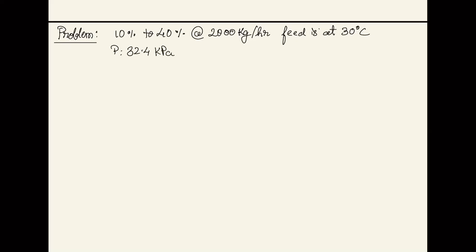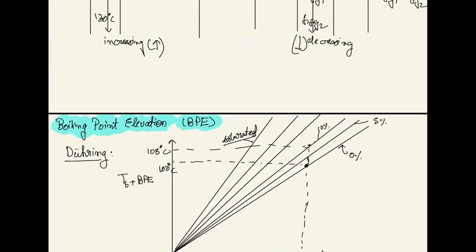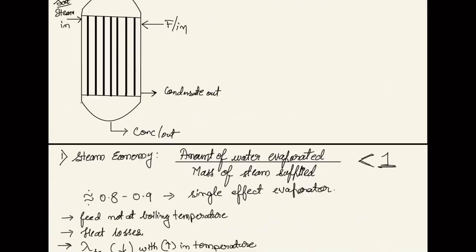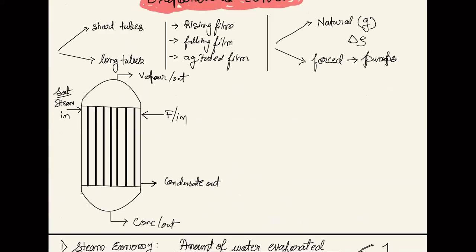All right. So 32.4 kPa is the pressure of the evaporator, I mean the chest of the evaporator, wherein this particular fluid is stored.